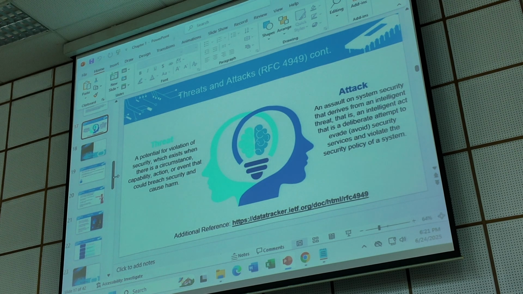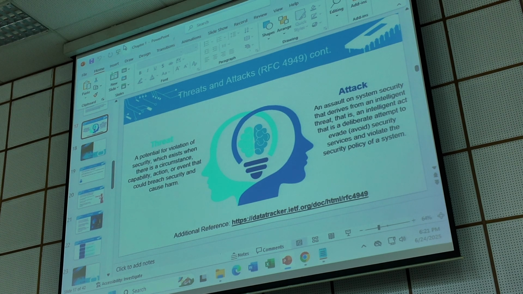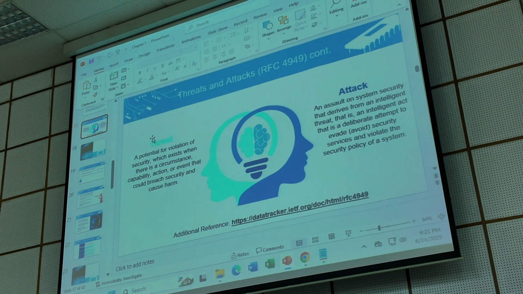What is a threat? What is an attack? It looks the same, right? A threat is actually a potential violation of security, which exists when there is a circumstance, capability, action, or event that could breach security and cause harm.